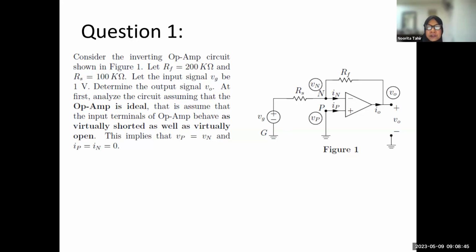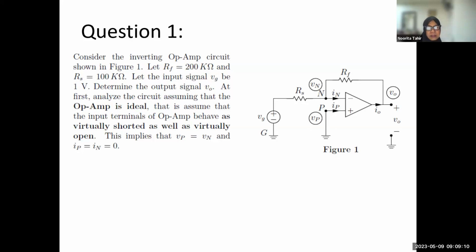You are required to determine the value of V out. The question has mentioned that you can assume virtual ground for N, and VP is equal to VN.